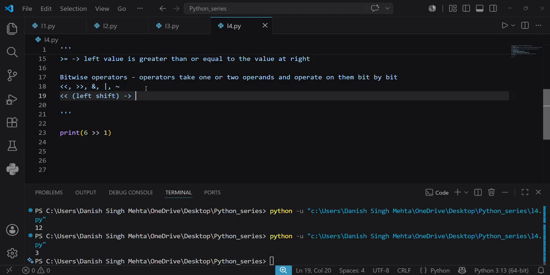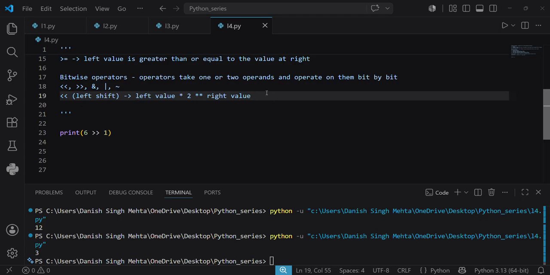For the formula of left shift, we use the left value multiplied by 2 to the power of the right value. So this is the formula.